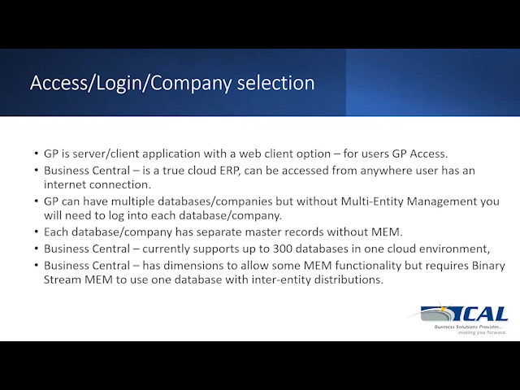So if you're one of those environments in GP where you've got lots of different companies, with users constantly switching between them, certainly MEM would be one way that you can really speed up that process, right? And it does do intercompany balancing with due froms. Same thing would be true of Business Central.